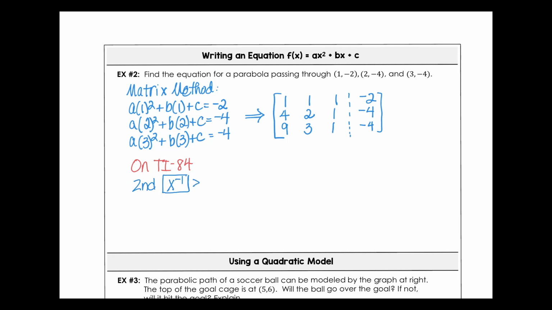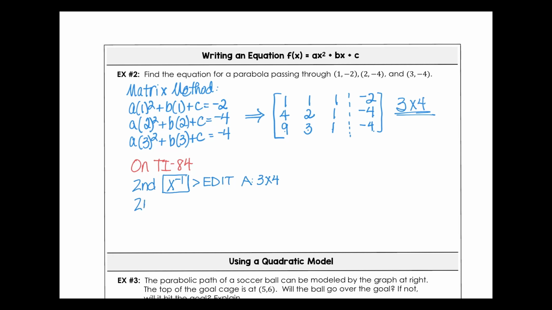Then you arrow over to edit, and I'm going to choose matrix A, and I'm going to name matrix A as a 3-row 4-column. And you can see here that this is a 3x4 matrix up here. And then we are going to enter all of the elements. So you'll enter 1, 1, 1, -2, 4, 2, 1, -4, 9, 3, 1, -4.